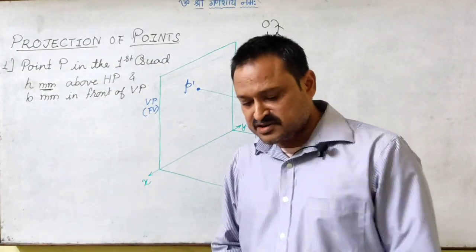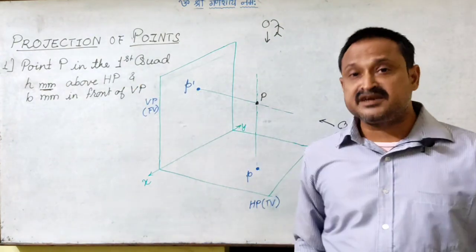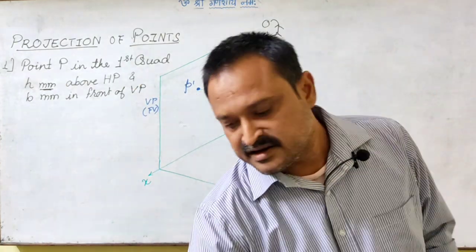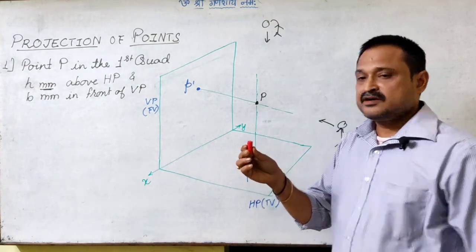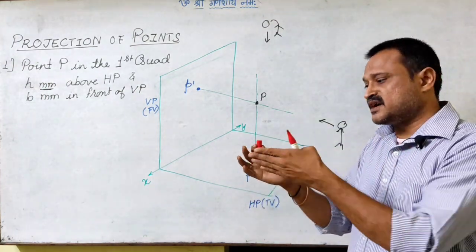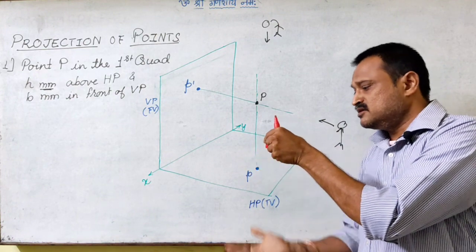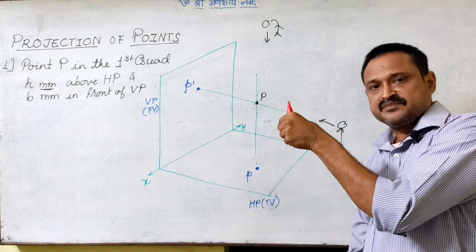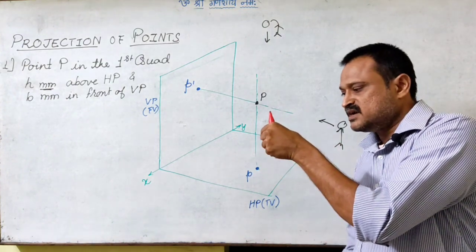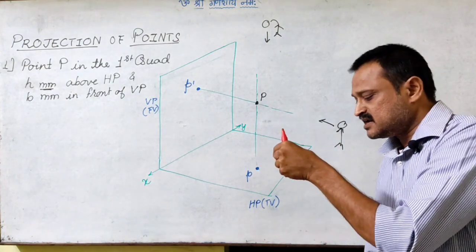Now let us talk about the H and B millimeter dimensions which we have been given. When you are looking at a point from the front, you will be able to see how far it is from the horizontal plane, right?